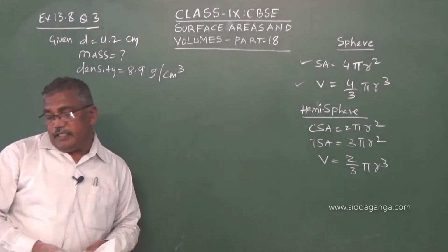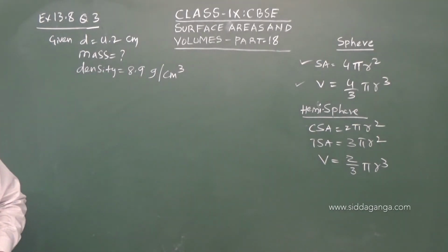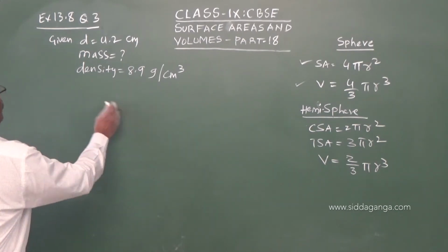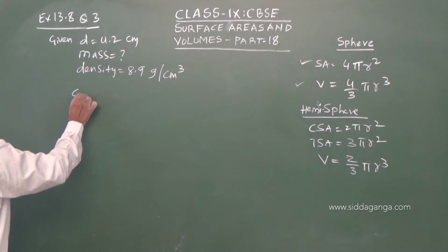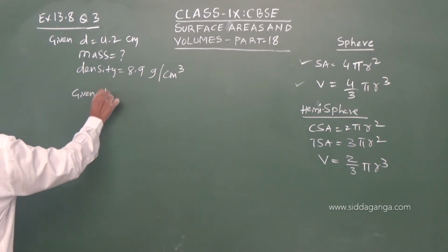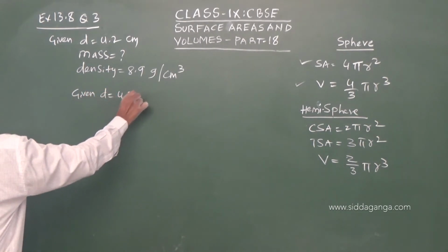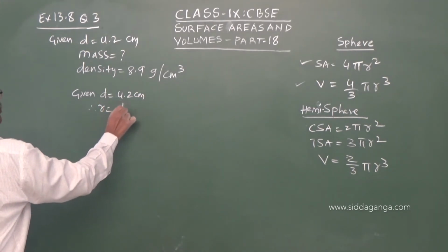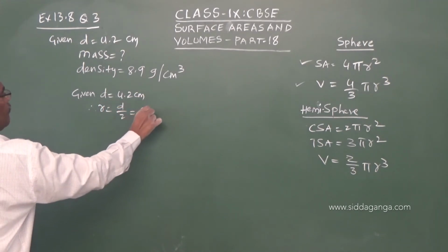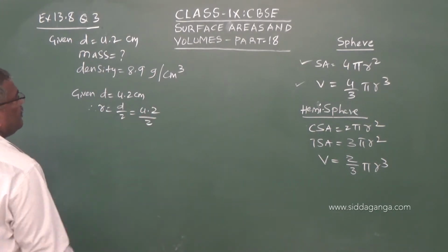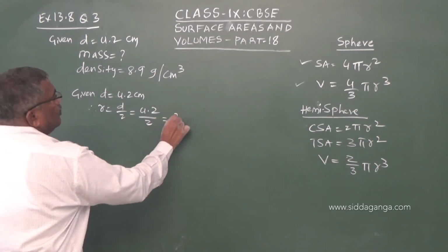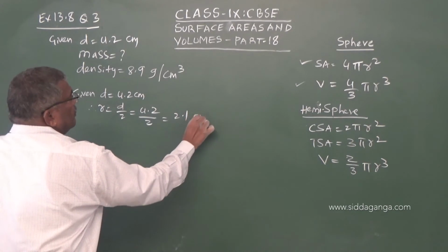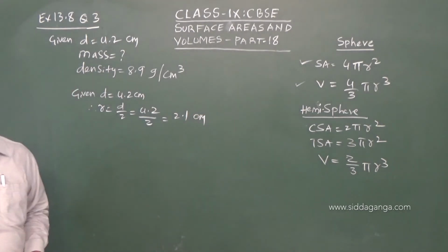You have to calculate the mass. So given D is equal to 4.2 centimeter, therefore R is equal to D by 2, which is 4.2 by 2, equal to 2.1 centimeter.